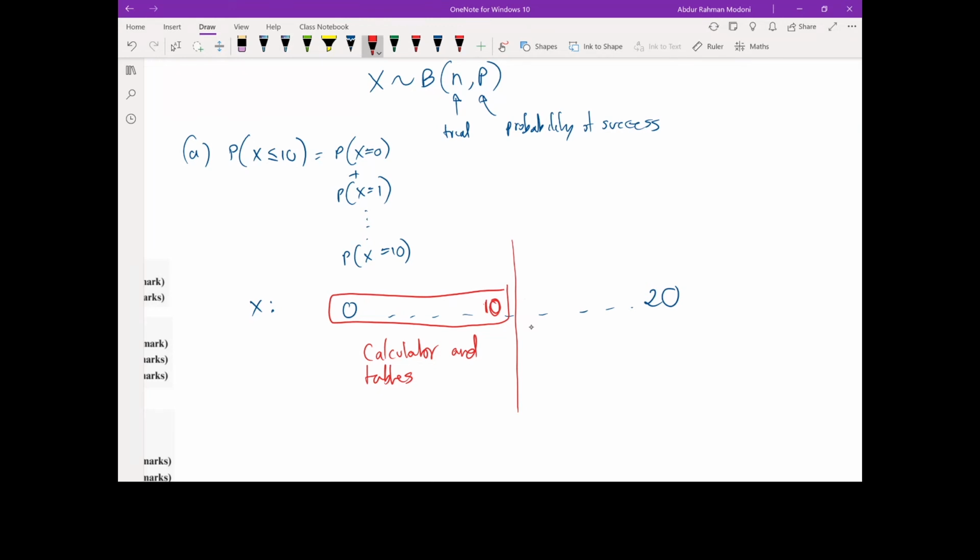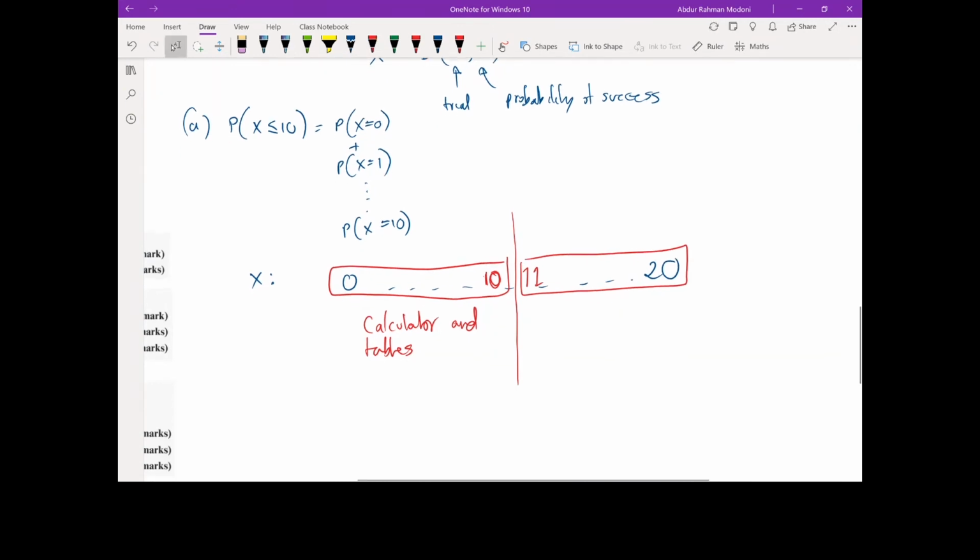But if it wanted us to work out the other side, we can do that, and we'll just write down the number on the other side of that line. It will be 11. That side you would have to do manually by doing 1 minus the left-hand side, because we know all the outcomes add up to 1, the probability. So if we know the left-hand side, we can work out the right-hand side. So the calculator does this. Always remember that.